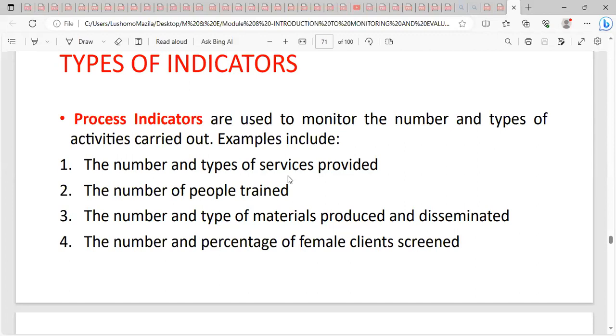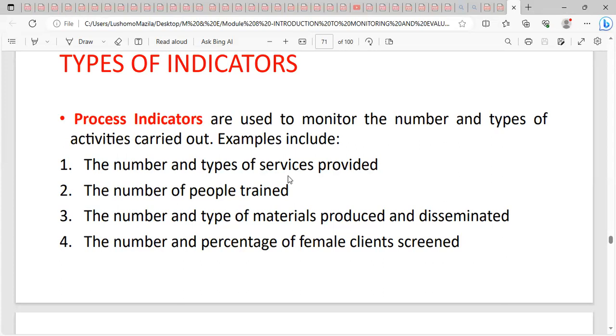They ask you, how are you feeling? When you say, I'm feeling good, or I'm feeling bad, that is an indicator. But it's qualitative because there is no number there, it's just describing how somebody is feeling. How did you perform in the previous test? You say performed good or poor.